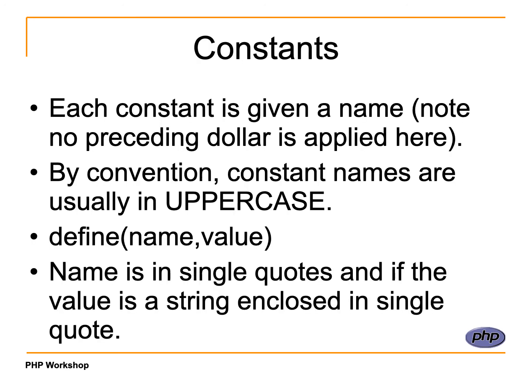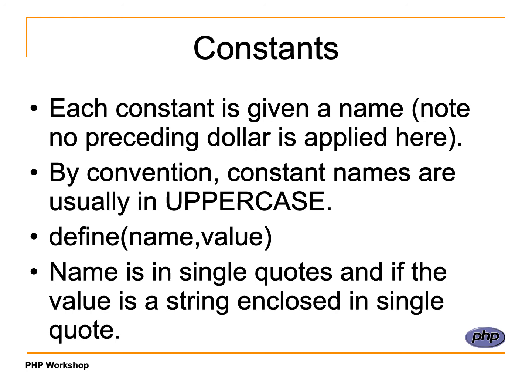Constants. So constant is a given name. By convention, constant names are usually in uppercase in PHP. So define is the function used for creating constants. Define followed by the constant name, comma, value. The name is in single quotes, and if the value is a string, that is also in single quotes.